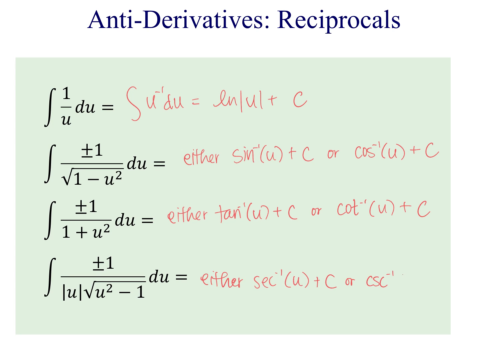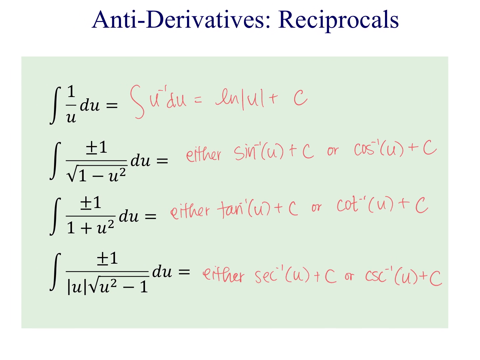A lot of people recognize that one because of the absolute value. The absolute value is a kind of dead giveaway, and then the square root of u squared minus 1. The AB class is just learning these as derivatives for the first time, so they had a quiz on that yesterday. So you should recognize it going the opposite direction.